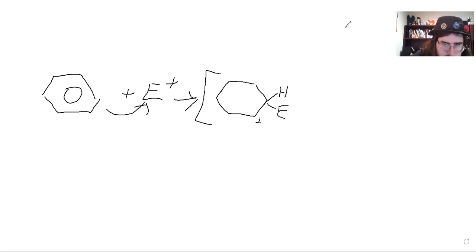Put a positive charge there. It's going to be stabilized by the two other resonance structures. So we can essentially delocalize that cation.